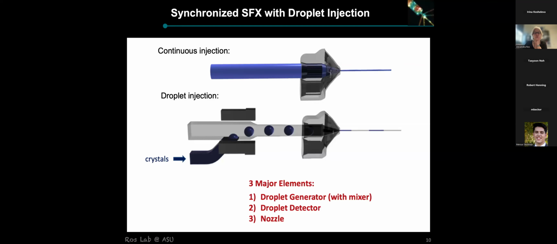For that, we need three major elements. One is our droplet generator, which, as I will show you later, can also be combined with a mixer for time resolved work. We need our droplet detector, as I just mentioned. It's not shown in this slide, but I'll show you realizations in a little bit. And then we need our nozzle.